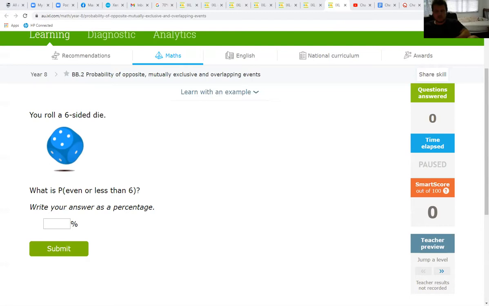So what's the probability that the number rolled on our 6-sided dice is even or less than a 6? So easy, it won't be 100%.